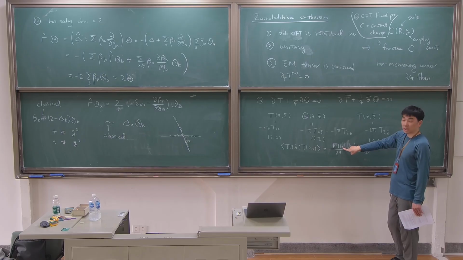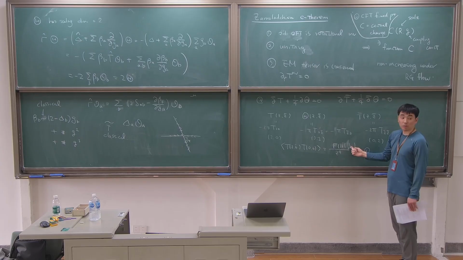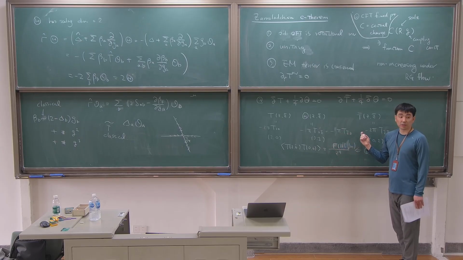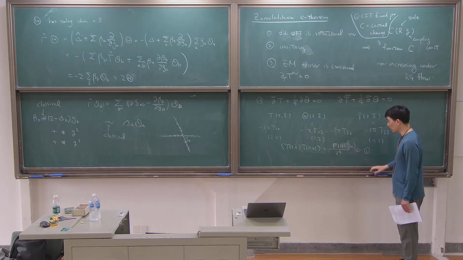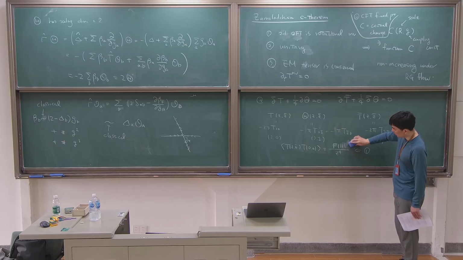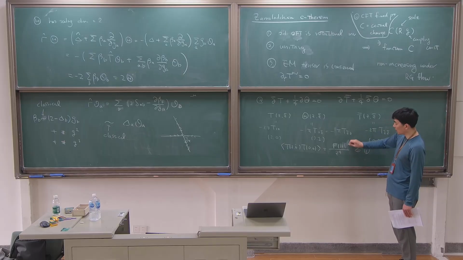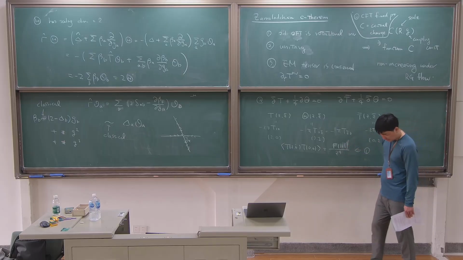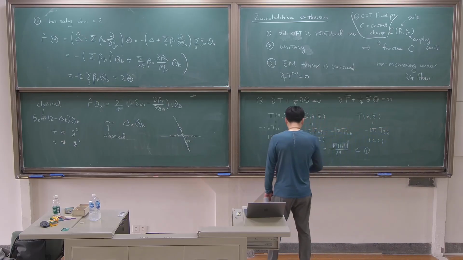Then this Z has scaling mass dimension minus 1, but it can cancel with some other coupling constant to make the numerator dimensionless. So that's the assumption, but I just hide it. I only assume looking at the distance.